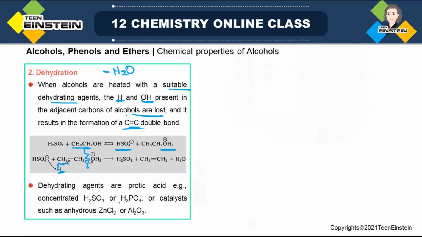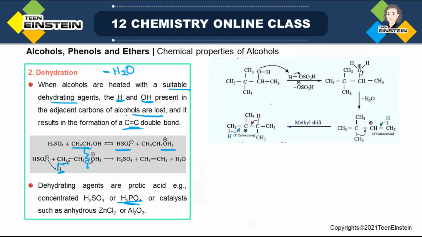Now not always you have to use concentrated H2SO4, that is the most common reagent, but some other reagents also you should consider and remember, because in a question you can also get these reagents. H3PO4 and sometimes anhydrous ZnCl2 or alumina Al2O3 can also be used, but mostly concentrated H2SO4 is used.